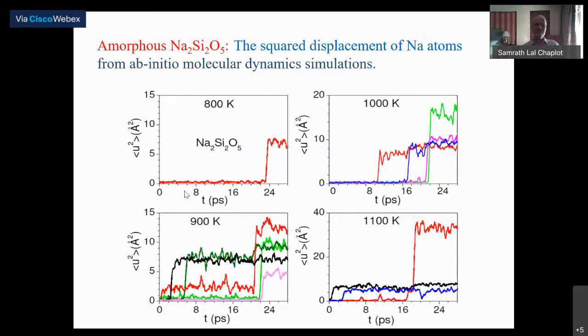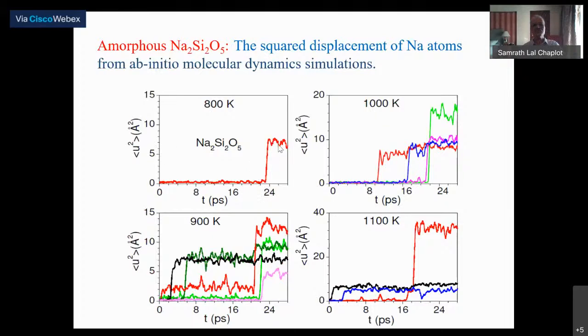it is different. It has a fairly low mean square displacement, and then suddenly it jumps over and acquires a larger mean square displacement, which means the sodium atom has actually jumped from one position.